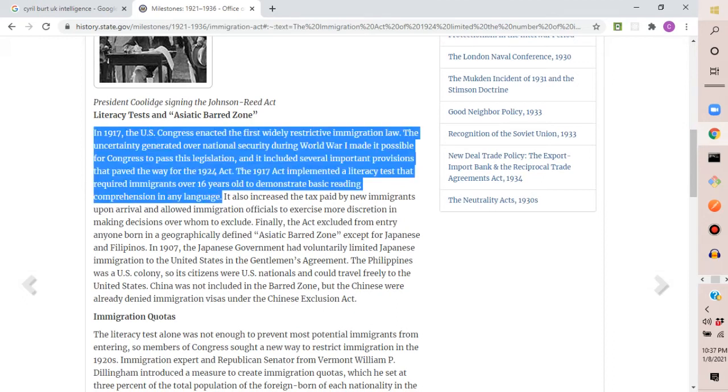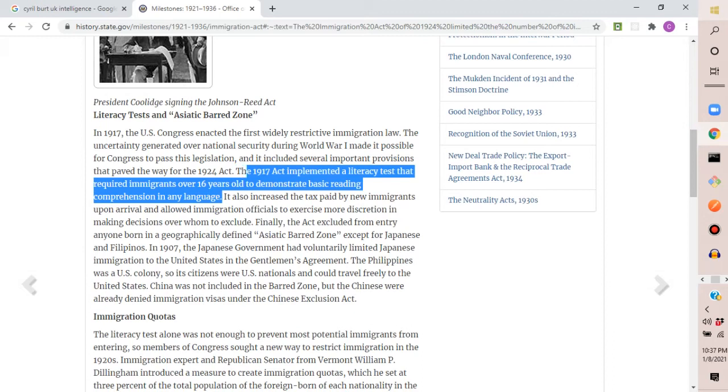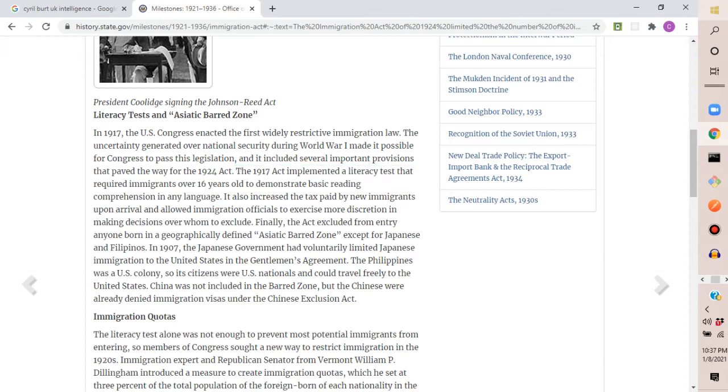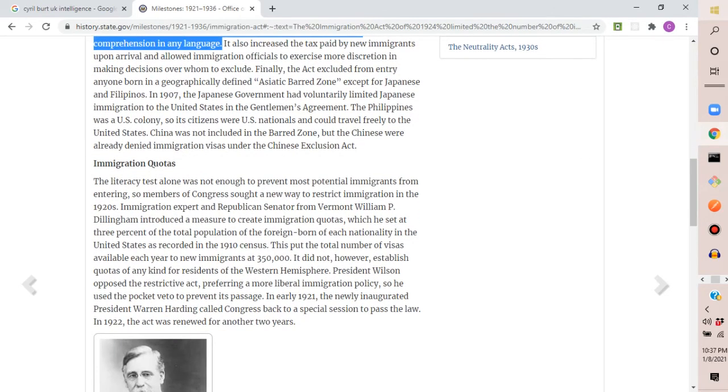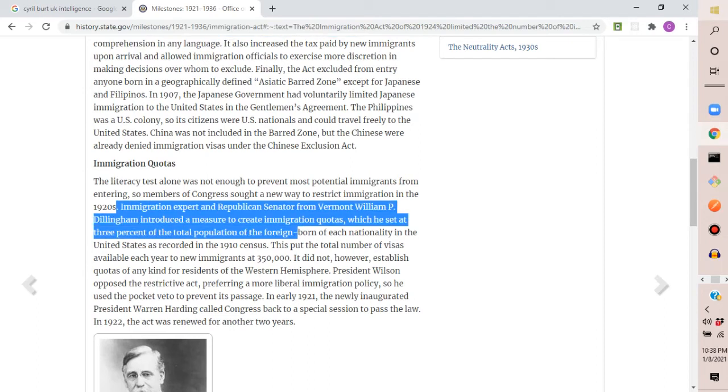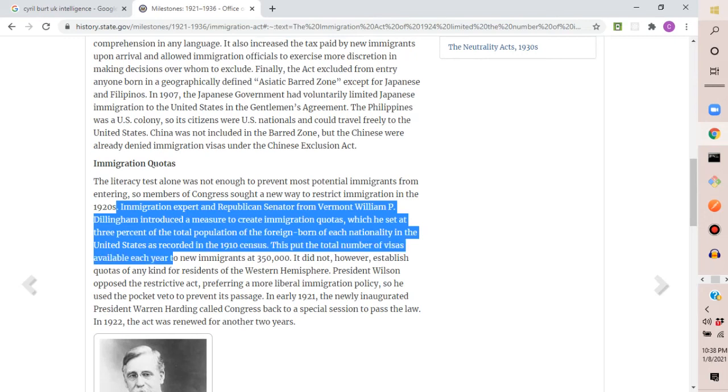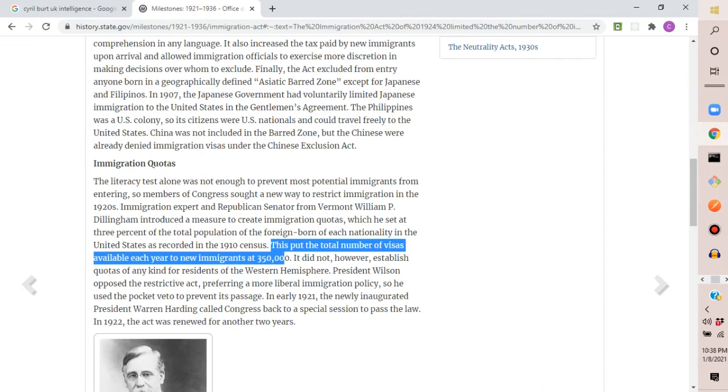Okay, so maybe there was some sort of test, maybe not in 1924, but in 1917 there was, and they were only allowing a certain number of people from these countries into the United States. This put the total number of visas available each year to new immigrants at 350,000.